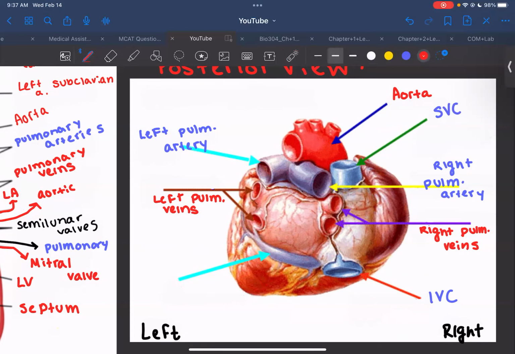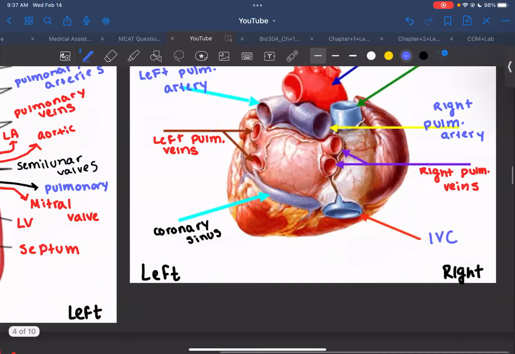That is going to be called the coronary sinus. And that is really important in terms of getting blood flow to the actual heart, because yes, the heart's function is to pump to the entire body, but the heart's function is also to provide blood for itself. So the coronary sinus is going to be that third thing that goes into the right atrium.